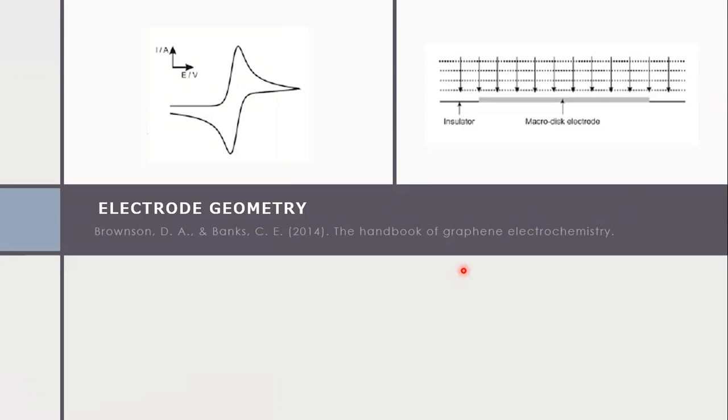So the geometry of the electrode affects the type of IV response you generate. This is a cyclic voltammogram where you apply a forward potential and a reverse potential to probe the electrochemical reaction. In case you're using an electrode which is macro in size, the electrolysis across the entire electrode surface occurs through a planar diffusion process.